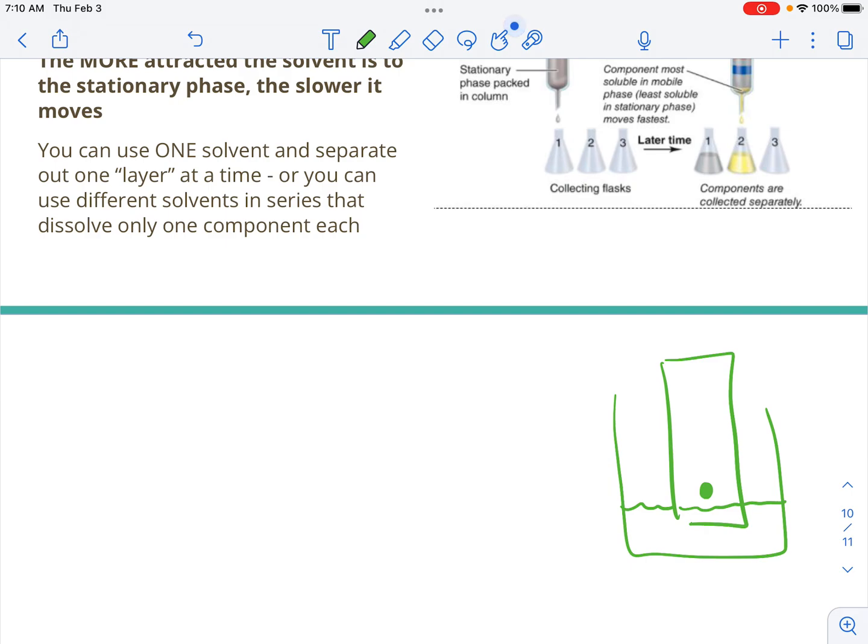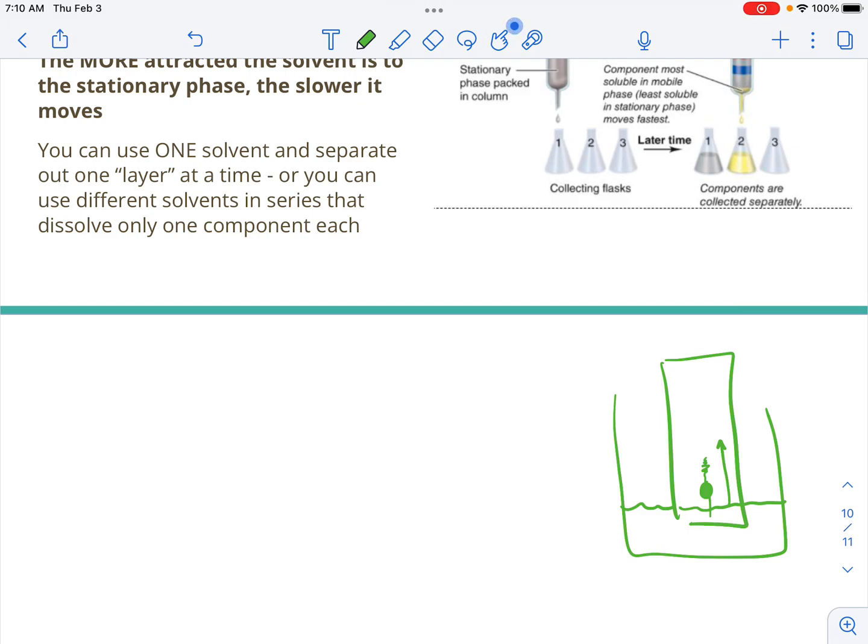Because of capillary action and adhesion, the liquid will rise up the paper, and as it goes, it will come through this pigment and start to carry the pigment up the paper.